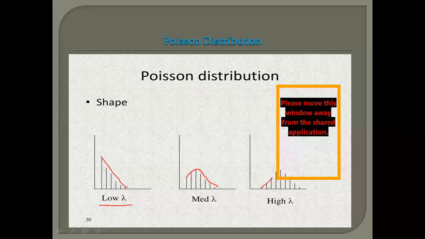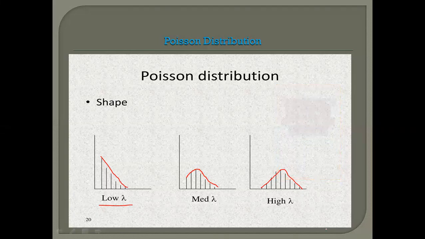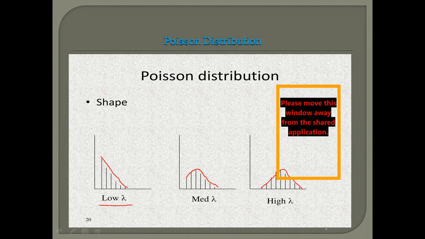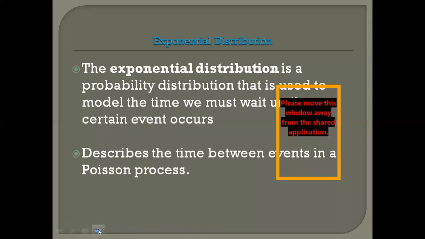And if you have a high lambda, it goes to a normal distribution, just like a bell curve. Why this happens, you can go deeper if you want, but it's not necessary to solve your problems. Just make sure the lambda you have is correct, as this is the most important part of your calculations. So focus on your lambda.